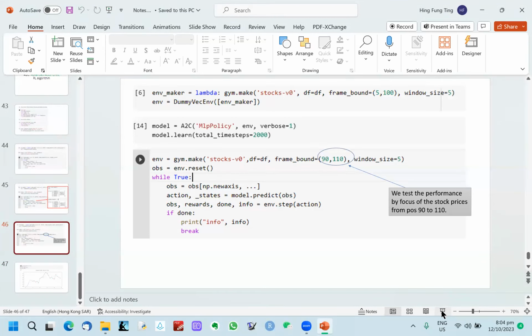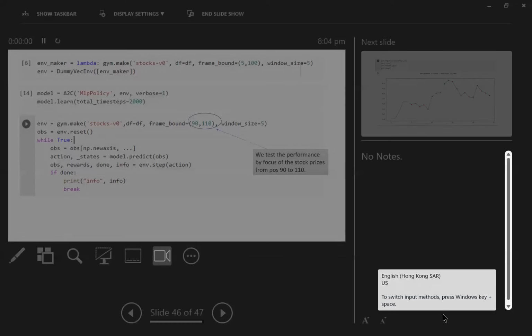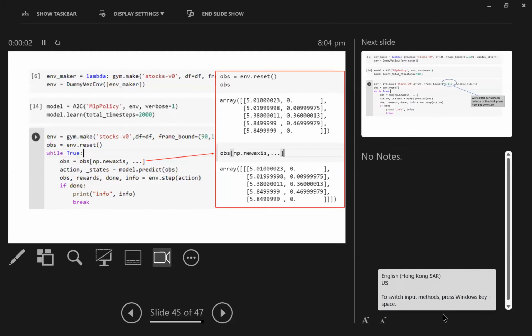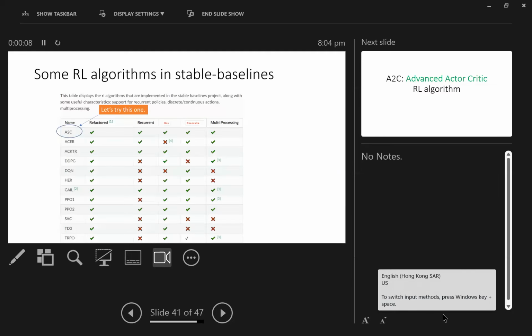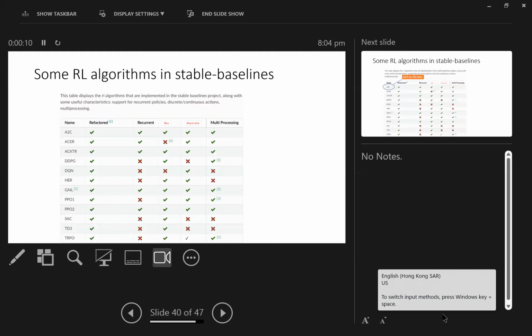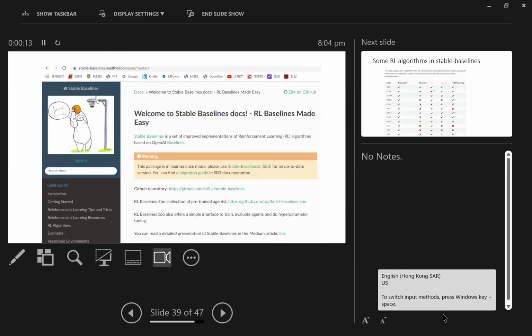Now we are going to make use of one standard reinforcement learning algorithm that is provided by the standard baseline. We see that the trading environment helps us prepare the data for running our reinforcement learning algorithm.